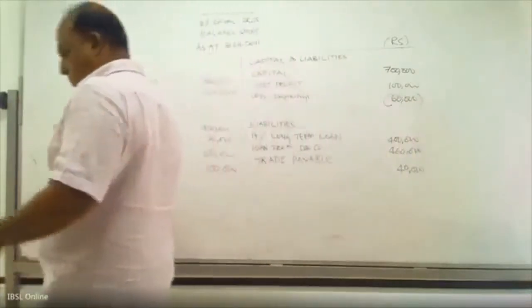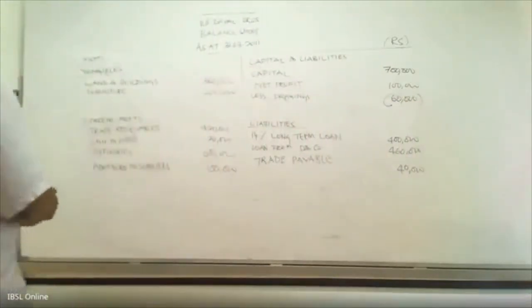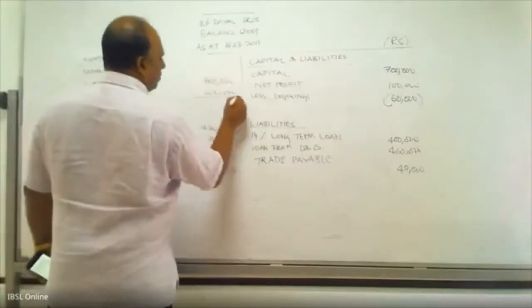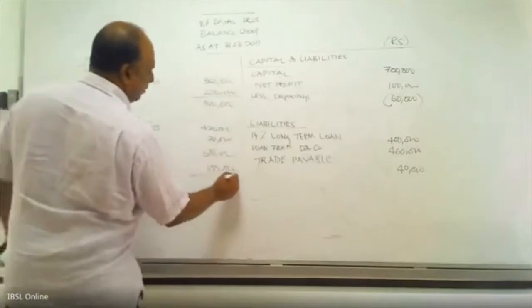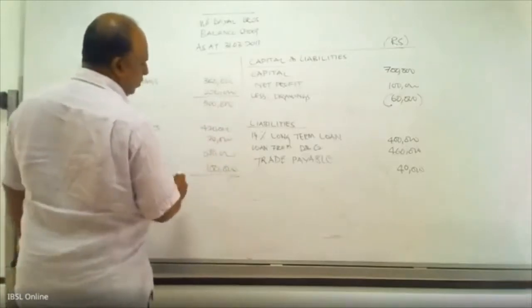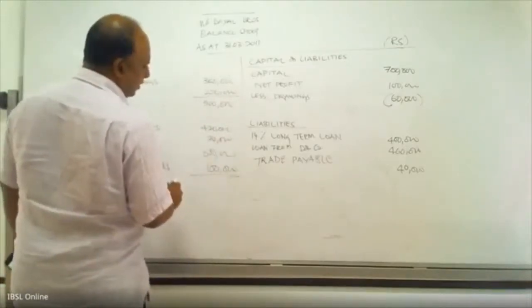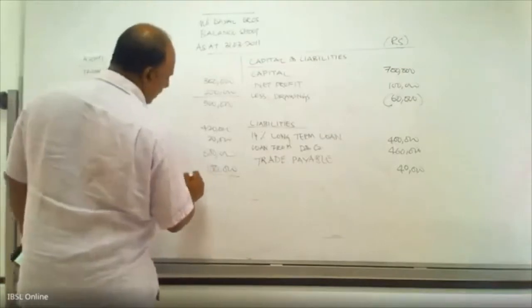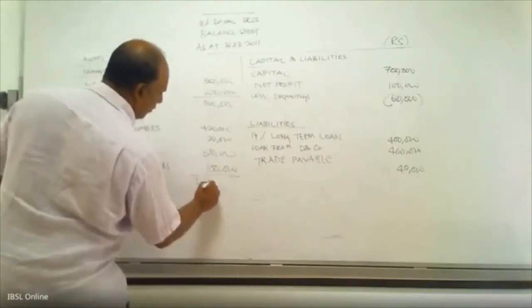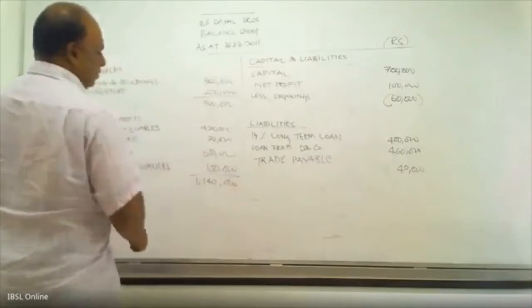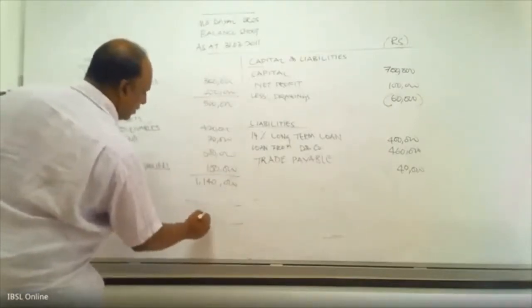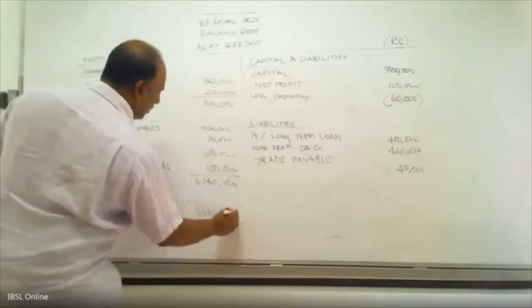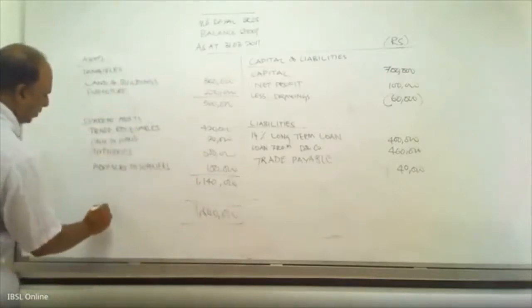Okay, so that's it. So here we have 500,000 and here we will have 1,140,000. So altogether my total assets will be 1,640,000, total assets.